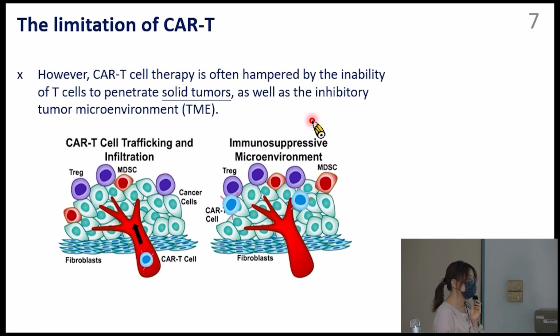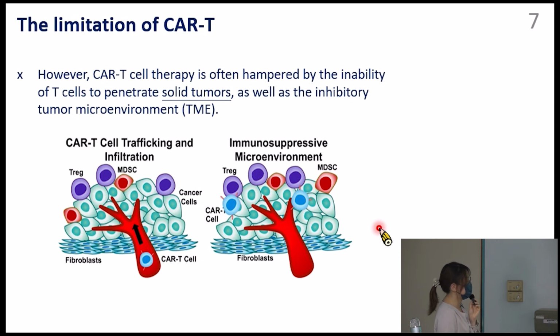The efficiency is very low in solid tumors, because when the CAR T cell goes back to the patient, it is very hard for it to penetrate into the solid tumor. So this becomes a limitation of CAR T cells. This is the first reason why they want to find a new candidate for CAR.